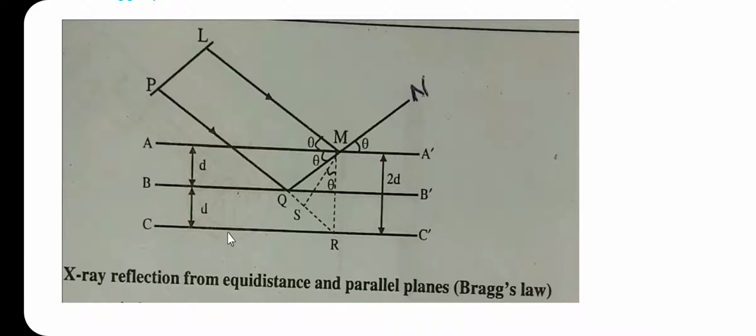Similar reflections occur at the other planes. If the path LMN in the diagram differs from the path PQN by a whole number of wavelengths, then the two beams from L and P will reinforce one another after reflection, and a strong diffracted beam will result.